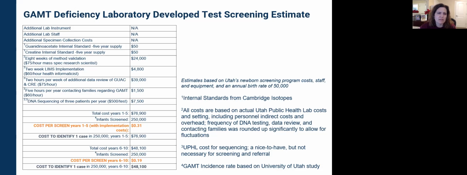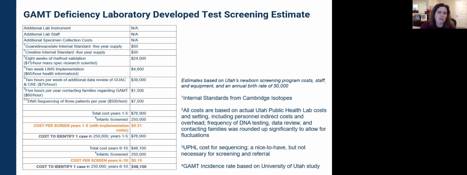And we included the validation time and the staff cost of that validation time, as well as the implementation in the LIMS system. And again, we have a LIMS system that we had control over and can implement changes in. And that's not always the case.